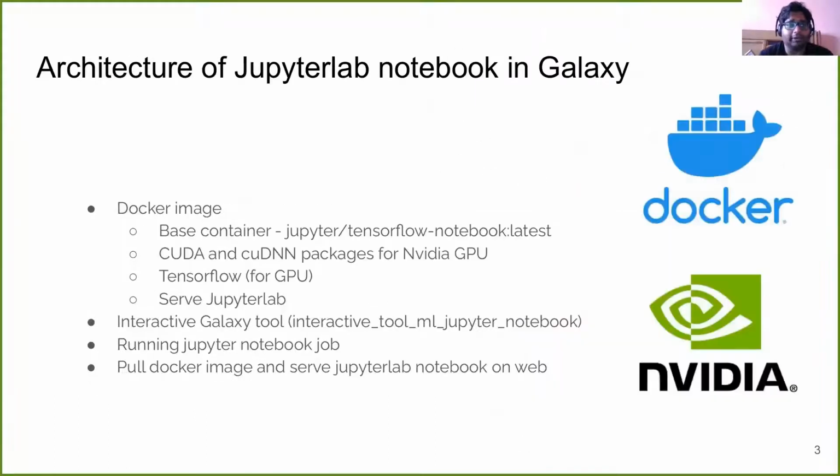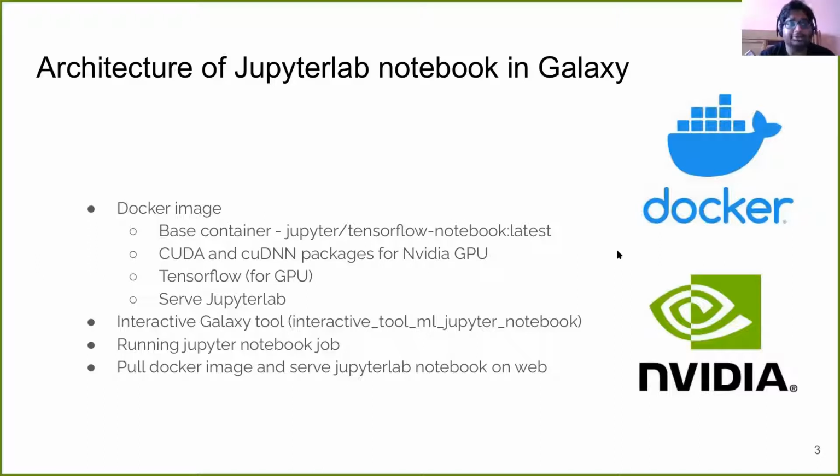How did we develop such a tool? The tool pulls a Docker image. The Docker image is derived from a base container. This base container comes from a Jupyter/TensorFlow notebook. This base container contains lots of packages such as scientific Python and NumPy, Python, and many other packages already.